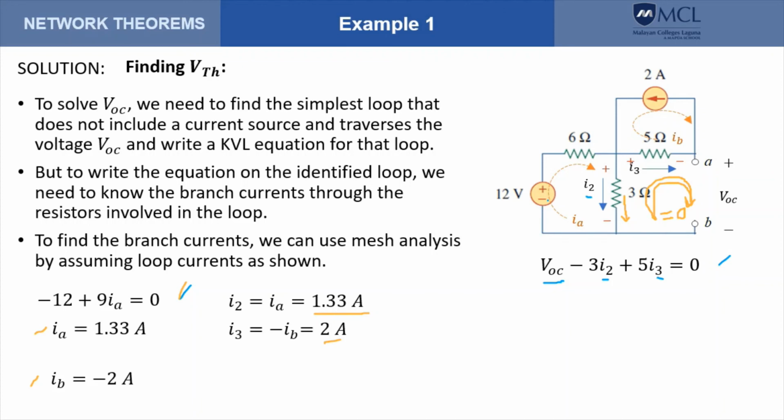So I sub 3 is really equal to the current source. Now that we have the branch currents I sub 2 and I sub 3, we can proceed to compute for V sub OC, which then becomes our VTH.